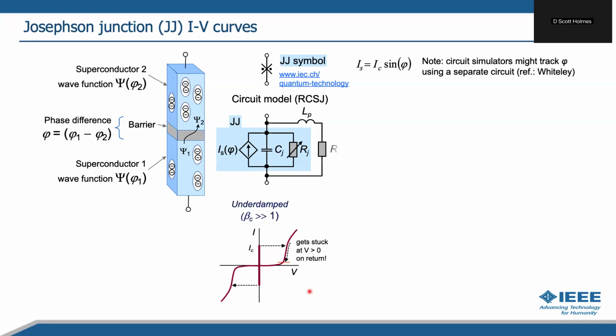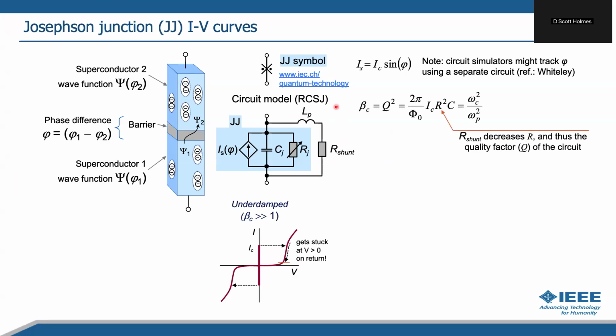And so people found that if they added a shunt resistor around these things, and these shunt resistors will have a parasitic inductance as well, you change the damping.